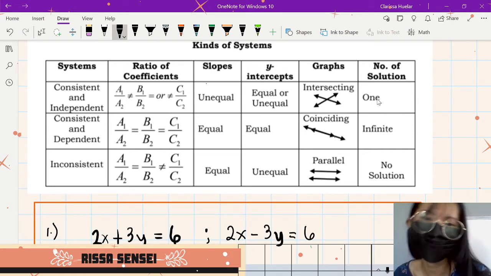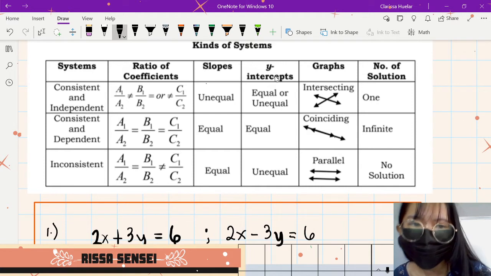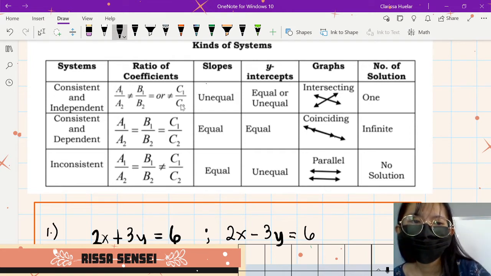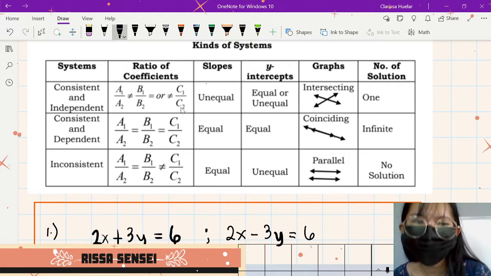Kaya one lang yung solution. The slopes are unequal. So, hindi dapat parehas yung kanilang slopes. And the y-intercepts may be equal or unequal. The ratio of coefficients, ito yung technique on how to determine the system, if the system is consistent and dependent, or inconsistent.